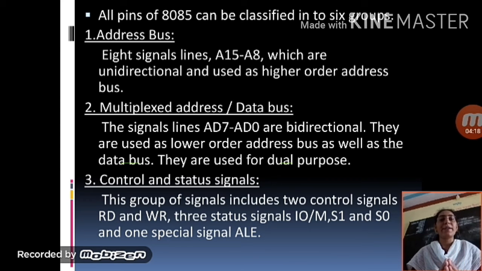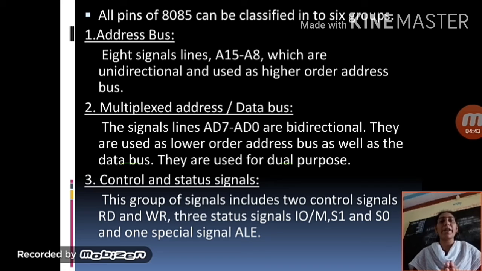Read and write, or input and output, both operations are performed in the multiplexed address and data bus, which is used for transferring data from one place to another, sending and receiving.